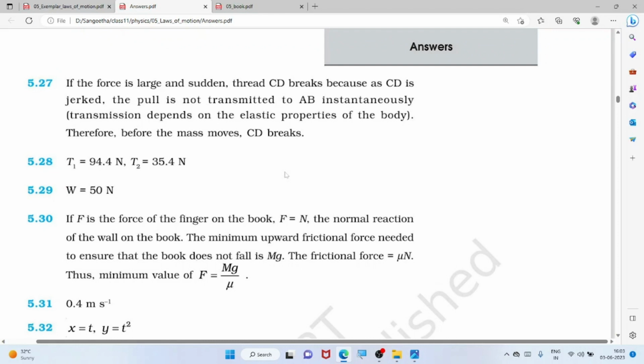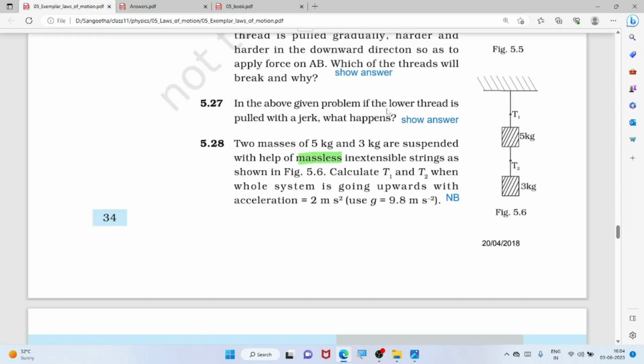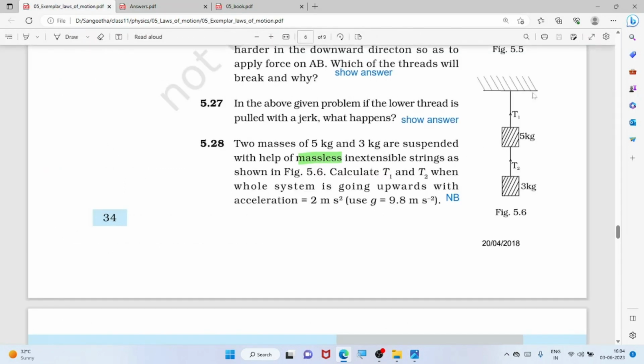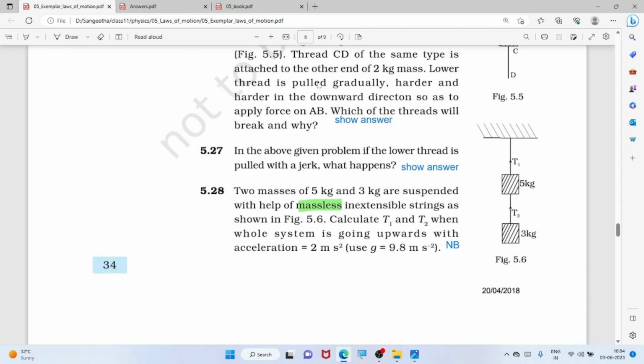Okay, because it is a sudden pull. Transmission depends on the elastic properties of the body. Therefore, before the mass moves, CD breaks. So suddenly means CD will break.